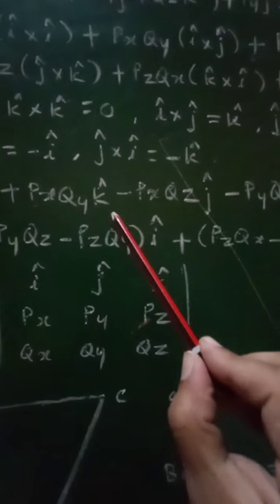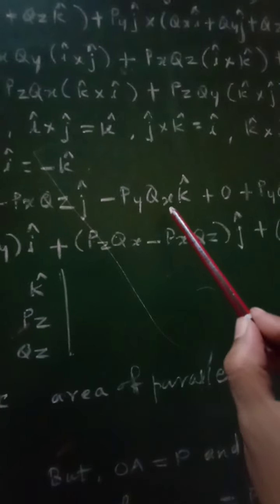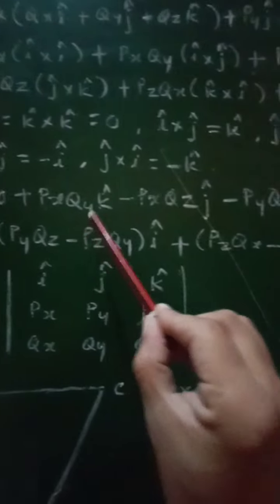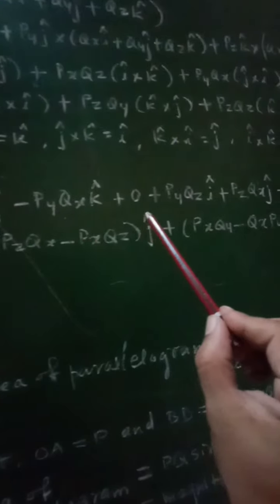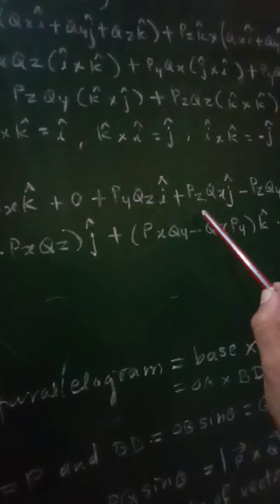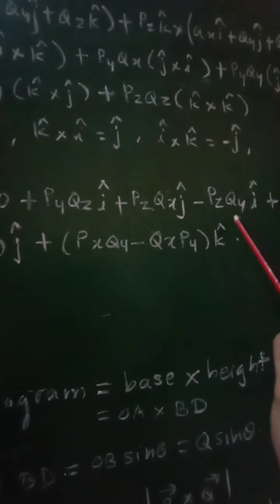In short, for k there are two terms, one is positive, another is negative. For j, here it is negative, here it will be positive. For i, it is positive, it is negative.